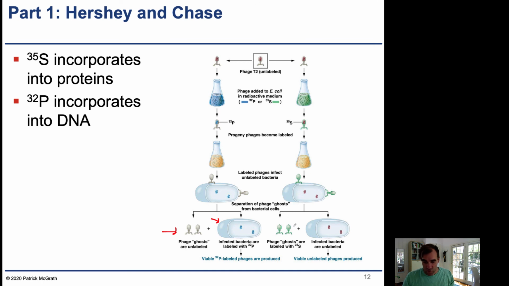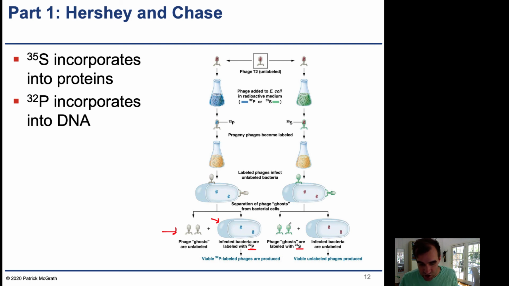And so what they found was that the bacteria were labeled with 32P, but they were not labeled with 35S. And if they look at the ghosts, these ghosts were not labeled with 32P, but they were labeled with 35S.